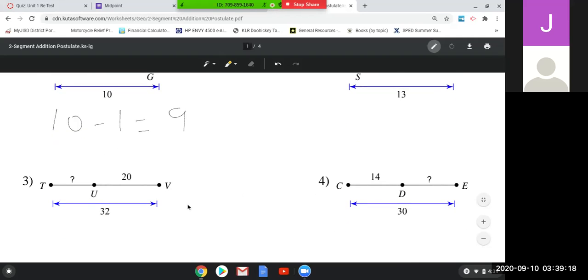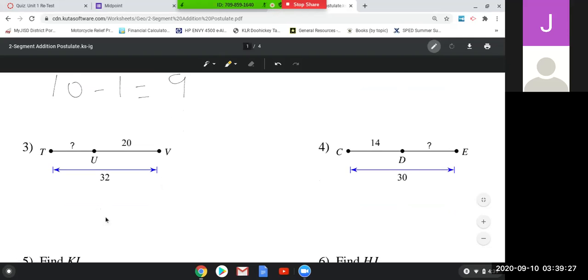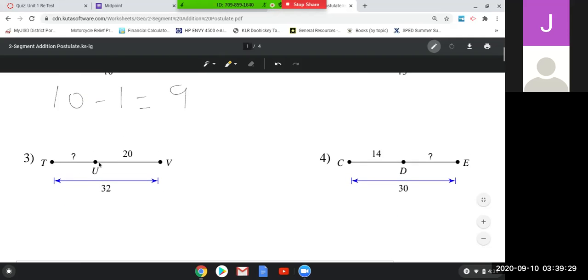All right, so this length is 32. Here's 20 already taken out of it. So 32 minus 20 will give me the length from T to U. 20 plus what equals 32? 20 plus 12. And we can do that: 32 minus 20 equals 12.